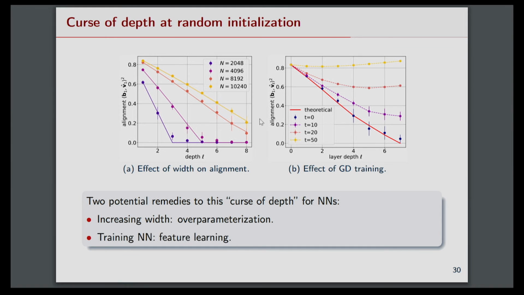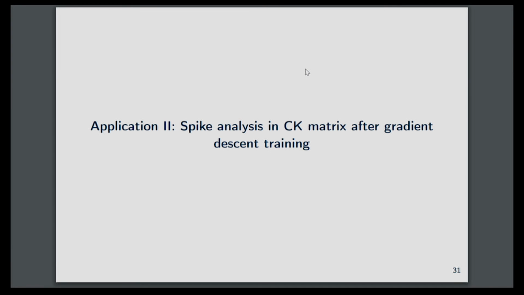Another solution, which is more realistic, is that you need to train the neural network. By training the neural network, you can learn some features. And in the last part of the talk, I will consider a 2-layer neural network and show that as the number of steps increases, we can learn this feature, or we have a stronger alignment.